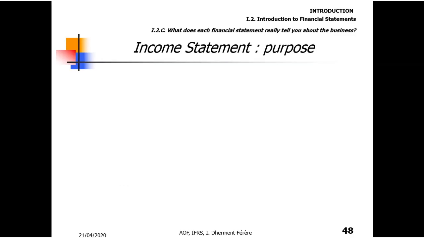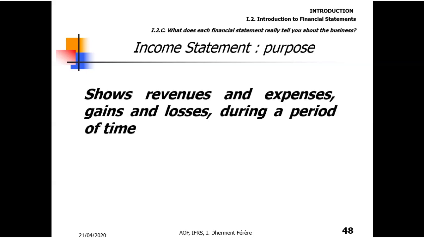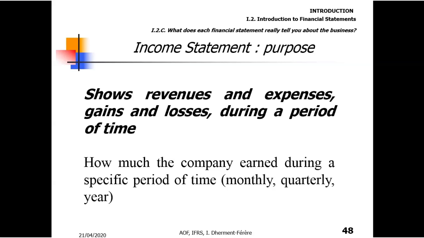What is the purpose of the income statement? The income statement shows revenues and expenses, gains and losses during a period of time. That is, how much the company earned during a specific period of time: monthly, quarterly, yearly.